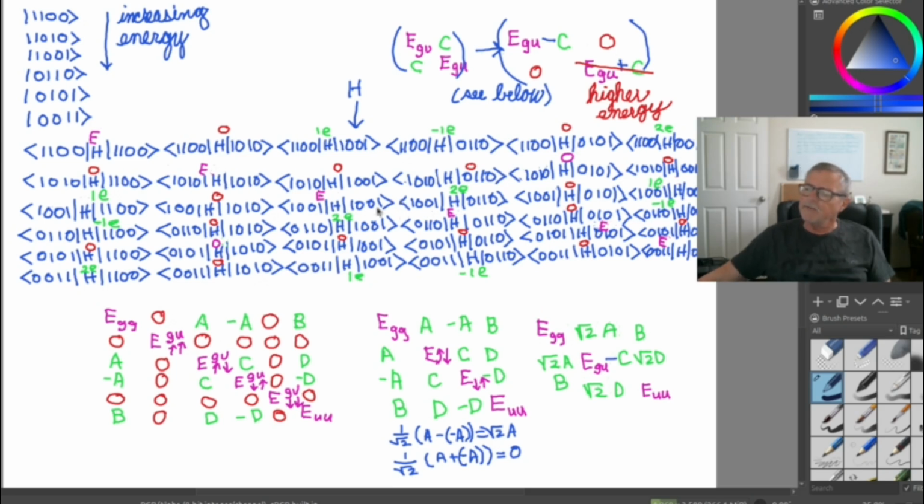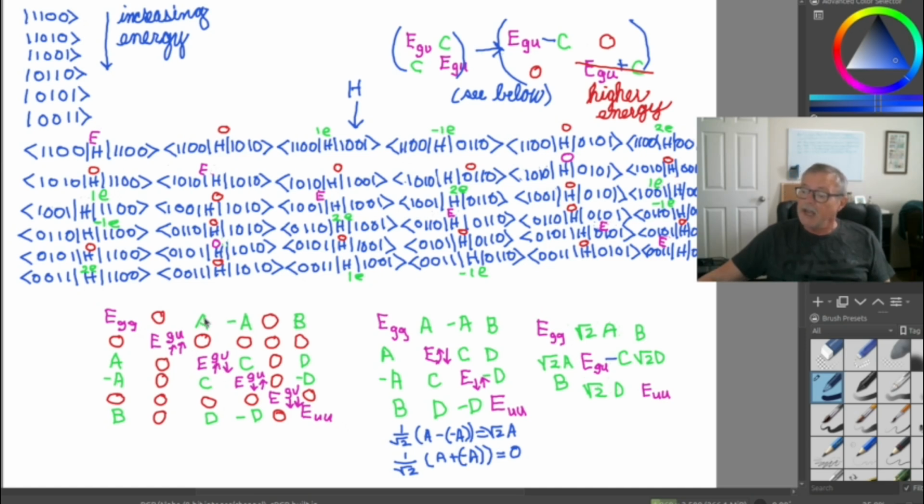And instead of all this garbage that we have to look at, here are the diagonals. EGG, EGU with both of them spin up, EGU with spin up and spin down, EGU spin down, spin up, EGU spin down, and EUU. Those are all the different combinations of those 2 different values with spin involved.